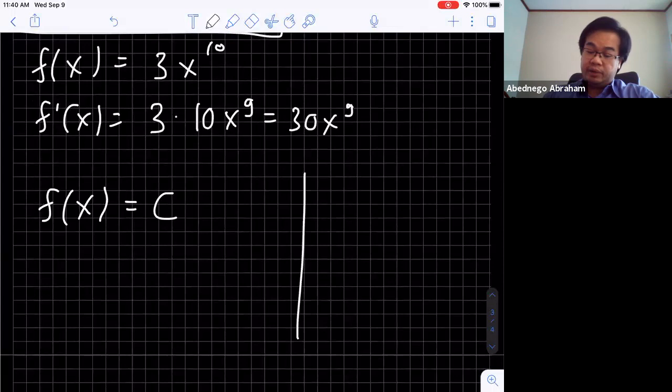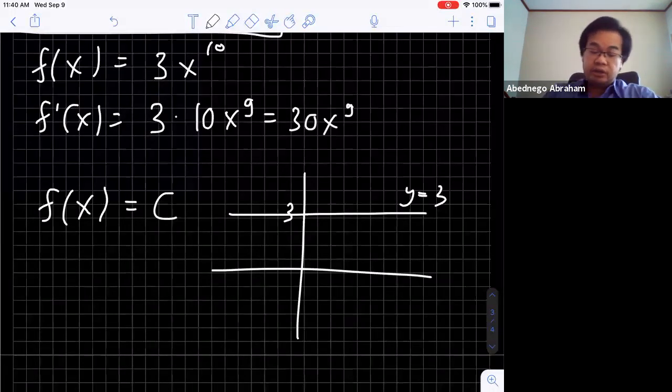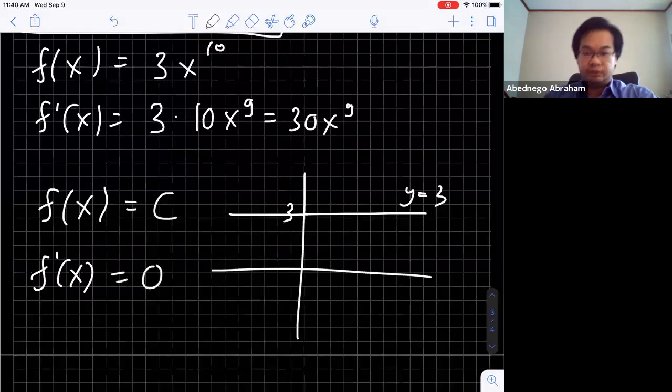And then the last property: if a function is a constant, for example y equals 3, then what's the rate of change? The rate of change, it doesn't change, right? Because the value is constant. The y value is always 3. So it doesn't change. That's why if you have a function that is a constant, then the derivative, the instantaneous rate of change of it, is equal to 0.